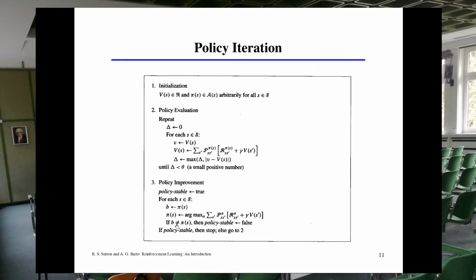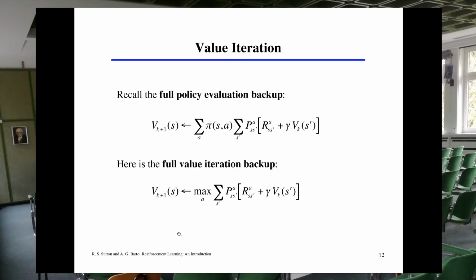When you see that you haven't updated the policy, so if you notice that you haven't changed the actions assigned to each of the states, then you will consider that the policy is stable. Okay, and then you will check here if the policy is stable, then you stop.